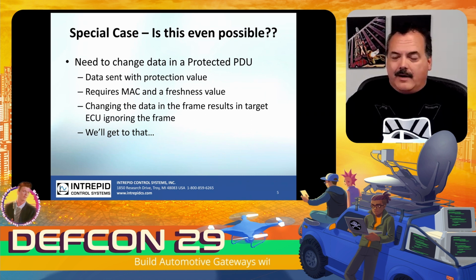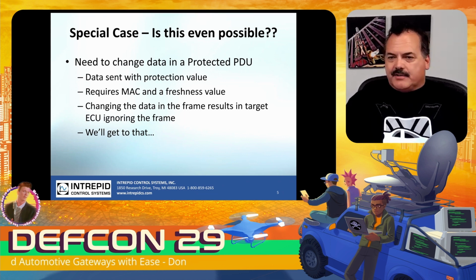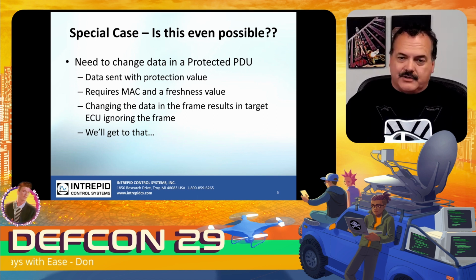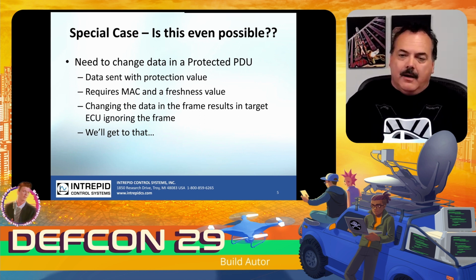Okay. And one thing that is just starting to hit the scene right now is protected PDUs. Protected PDUs are basically when we're sending a PDU or a collection of signals, and it's sent with essentially a protection value, a MAC, as well as a freshness value.